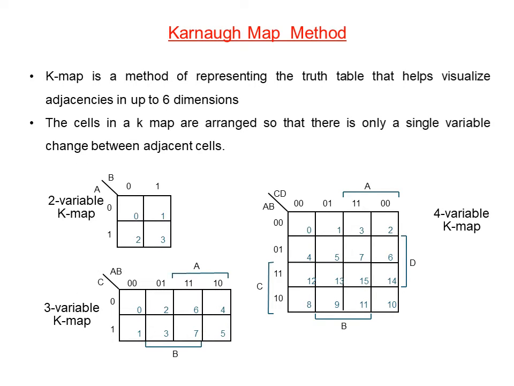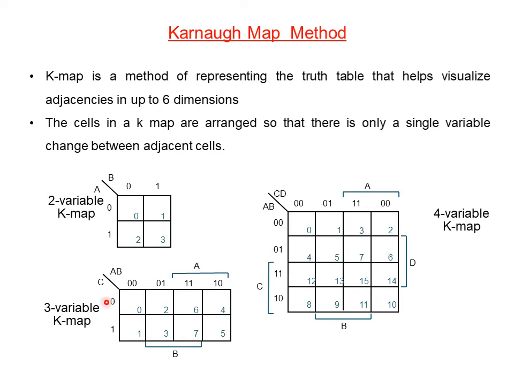Now let's see the Karnaugh map with different variables. First, the two variable map. This is the two variable map representation, this is the three variable representation, and this is the four variable representation. For the two variable map, 2 power 2 equals 4, so 4 cells are there.